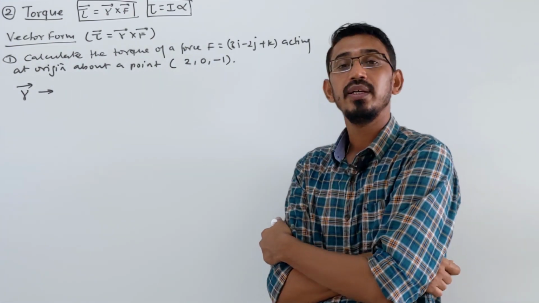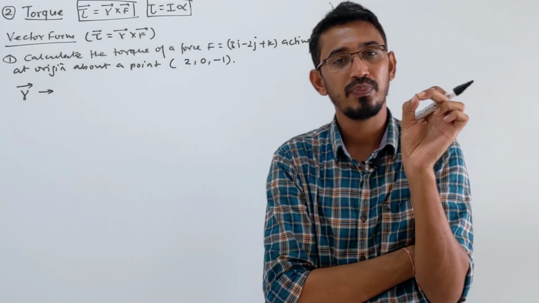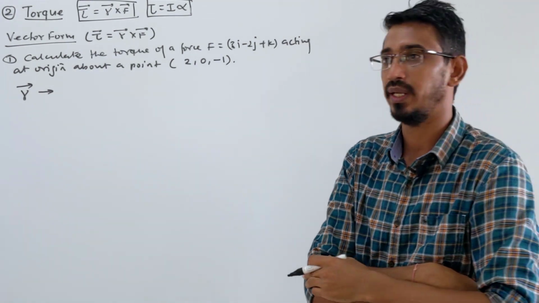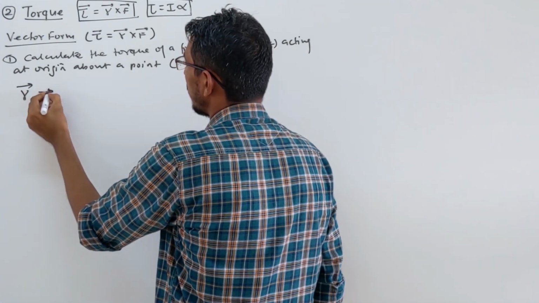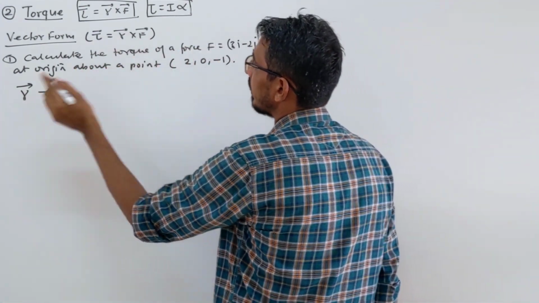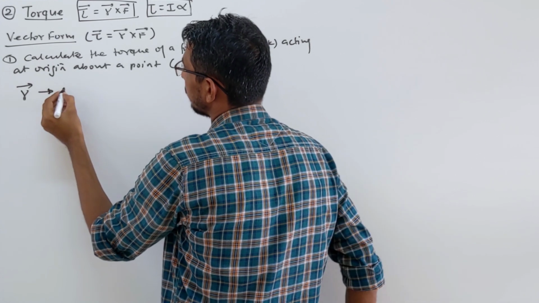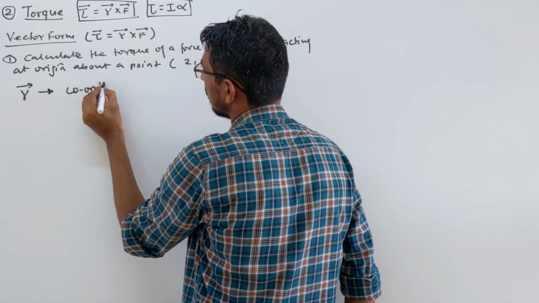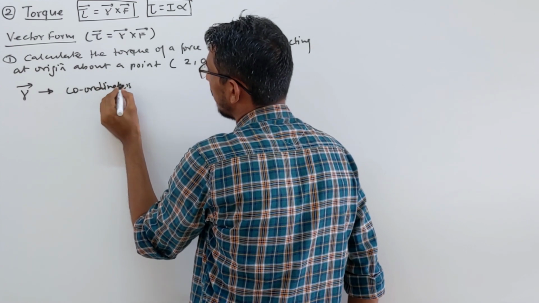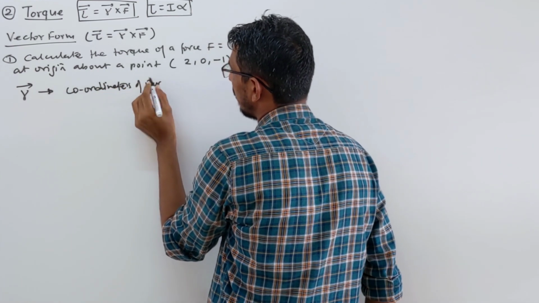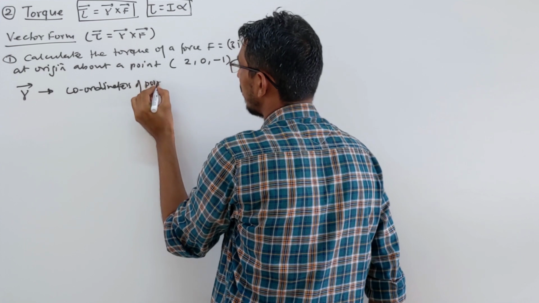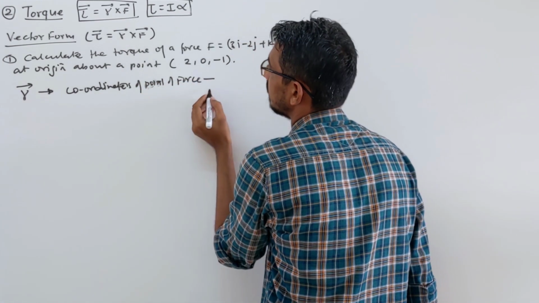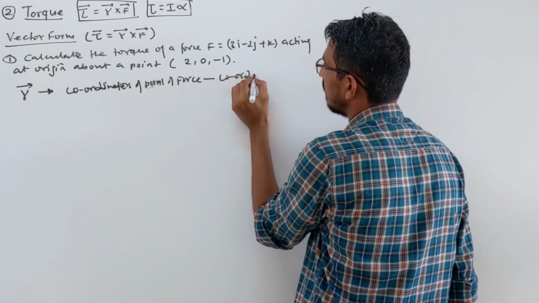What is this R? You start the distance from the point where force is acting and go to the point where the body is rotating. How do you find it? Coordinates of the point where force is acting minus coordinates of the point of rotation.